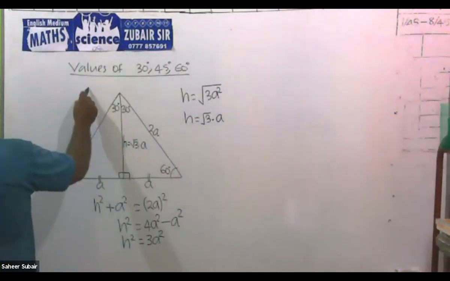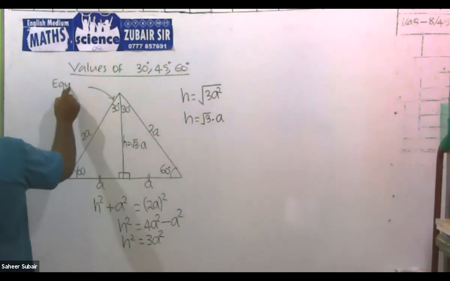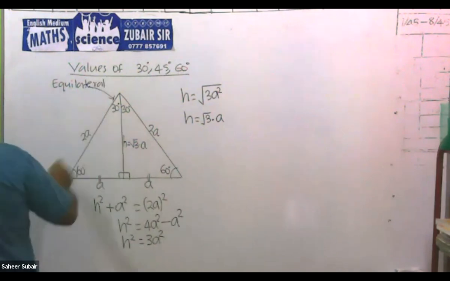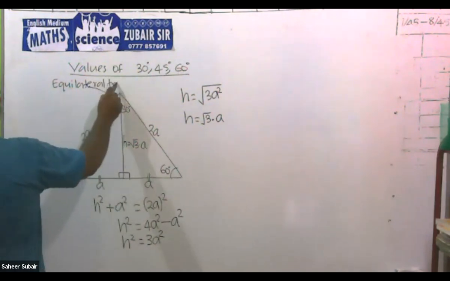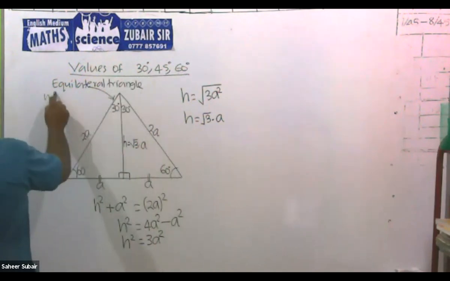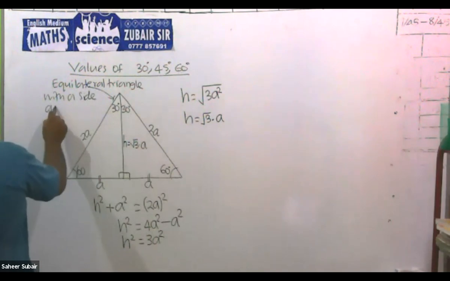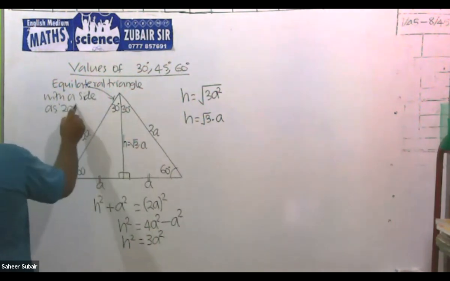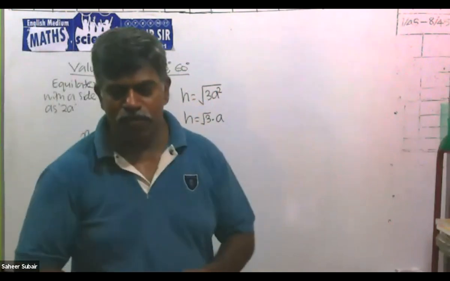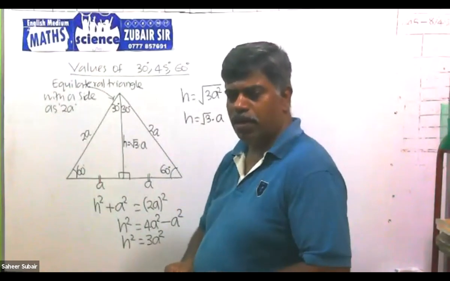Right? So this is an equilateral triangle with a side as 2A, that I have taken to find the values of sine 30 and 60.